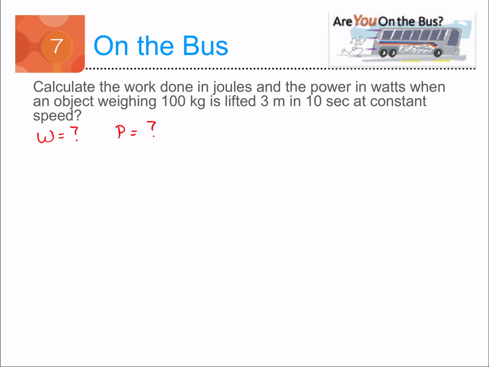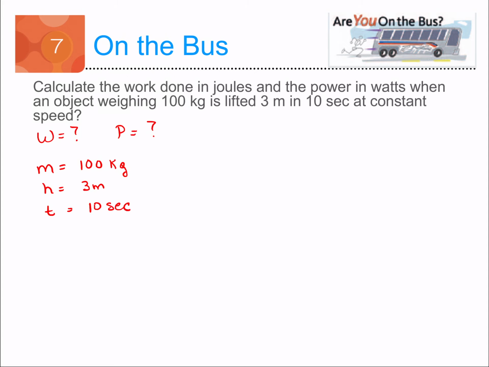Even though it says weighs, we know it's a mass because of the units of kilograms. It's lifted 3 meters, so our height is 3 meters, and our time is 10 seconds.